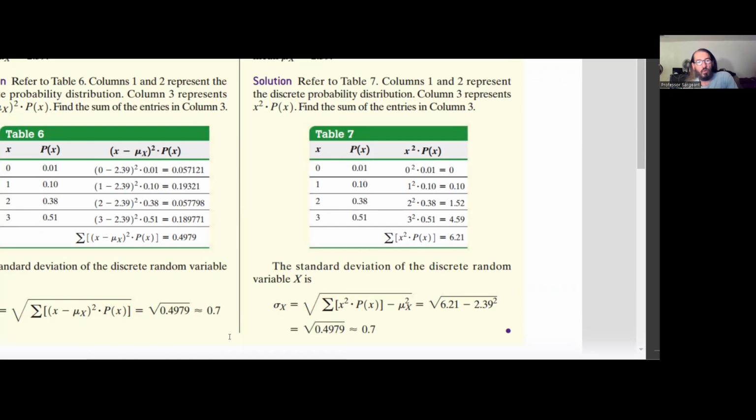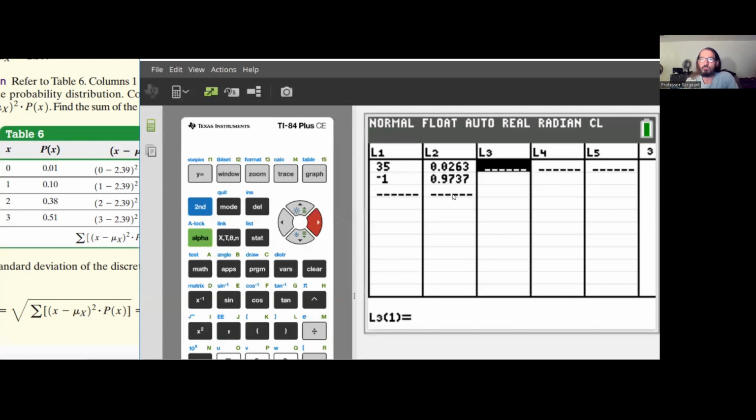So add 0.05 positive to each x, square it, and multiply by the probability. I went to the top of the column and pressed enter: score in list 1 minus a negative 0.05.